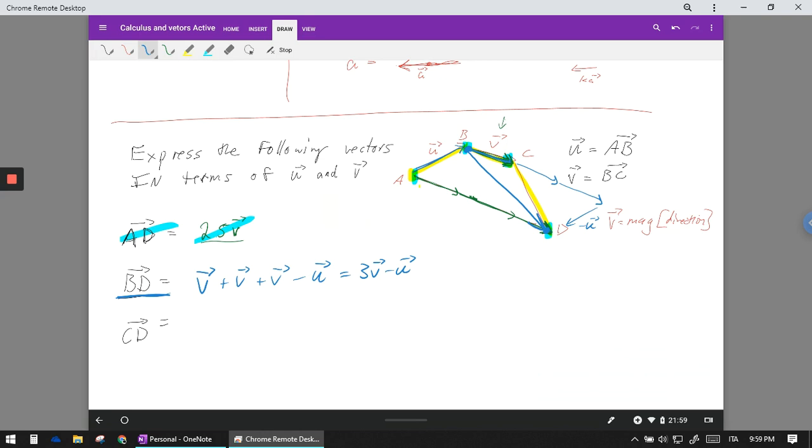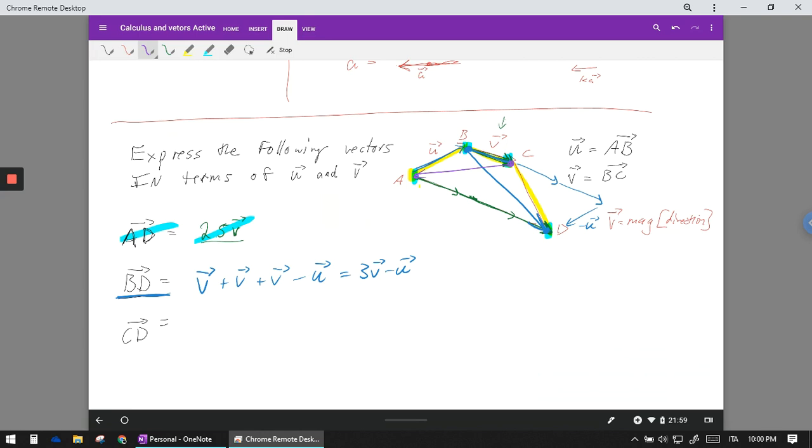All right, let's define the CA vector. I need another color. Let me see if I can get purple or something here. Purple. There we go. The CA vector means I start at C and I end up at A. So how can I do that using the V and the U vector? This one's pretty easy.